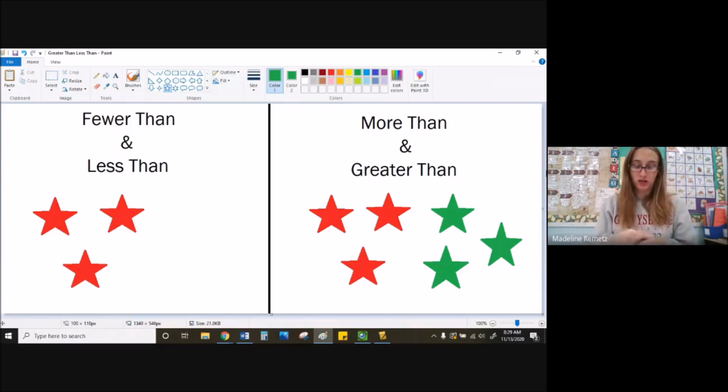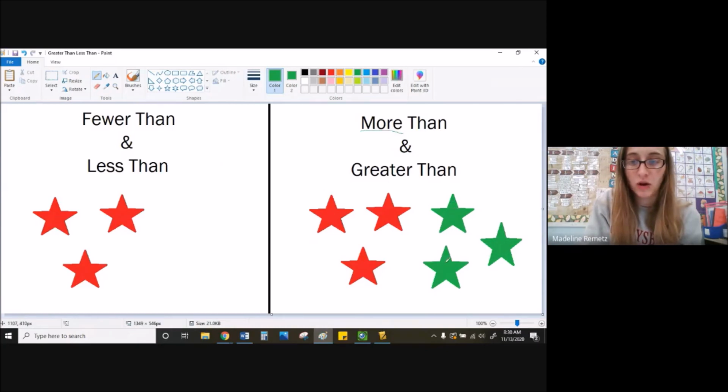I made a picture here where I have some stars, and the stars in red are what I started out with, let's say. So I have here 1, 2, 3 stars. But over here, I had those 3 stars and I got 3 more. See that? Let me underline it. 3 more stars.